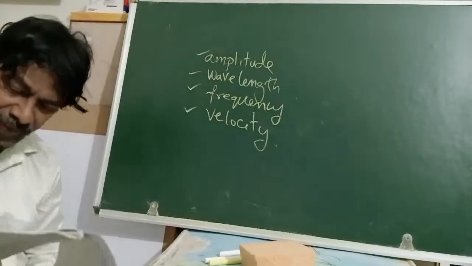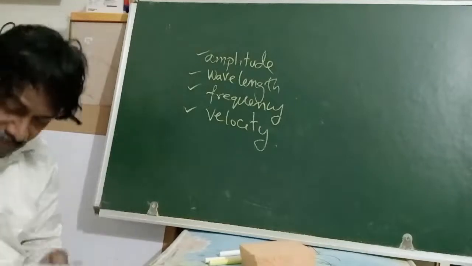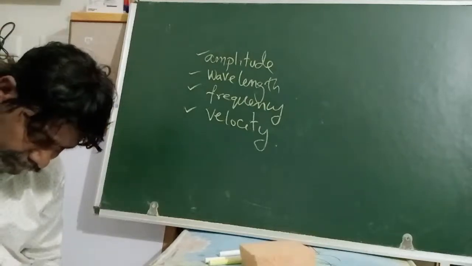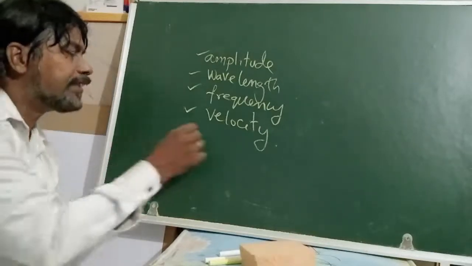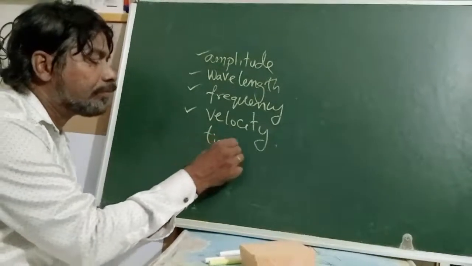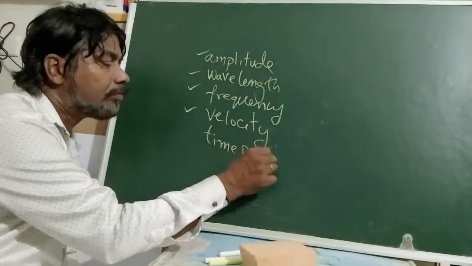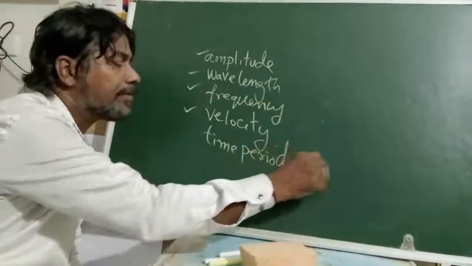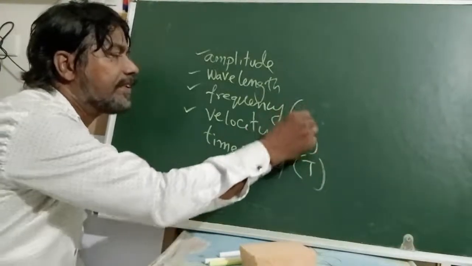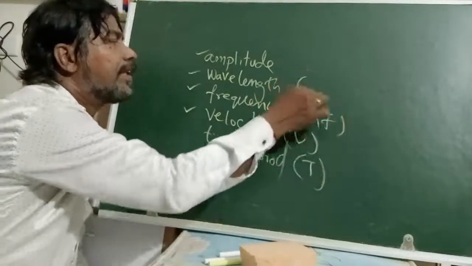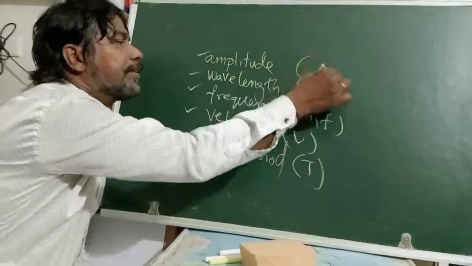So wavelength, frequency, amplitude. Next, time period. What is a time period? Denoted by capital T. Velocity V, frequency N or F, wavelength lambda, amplitude A.